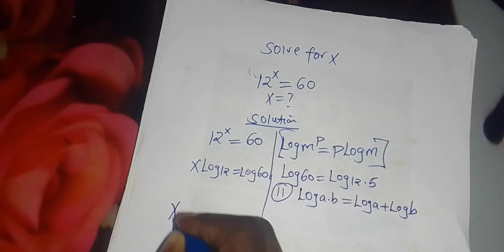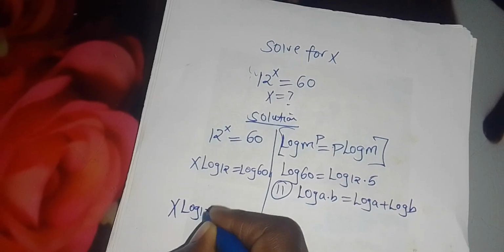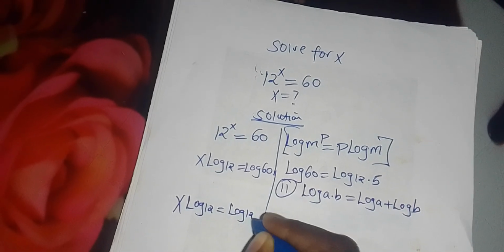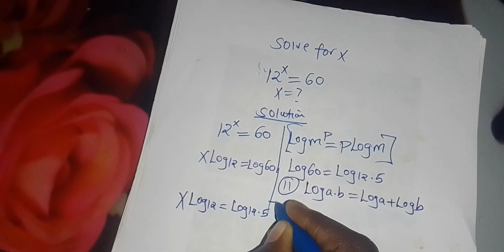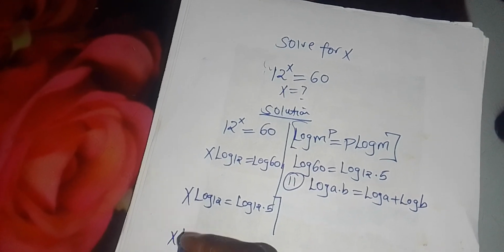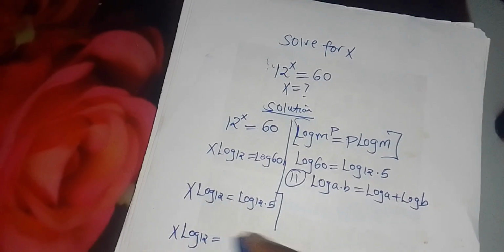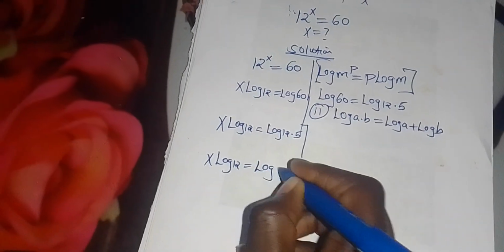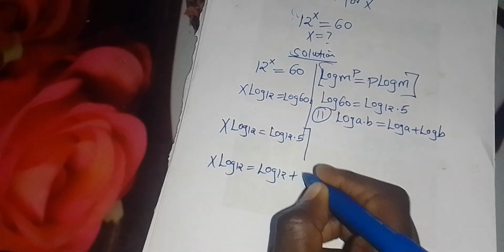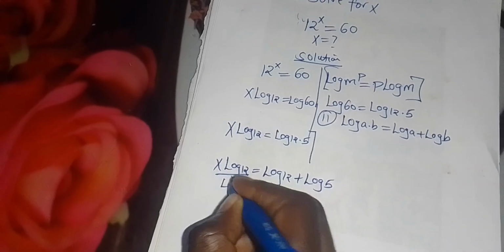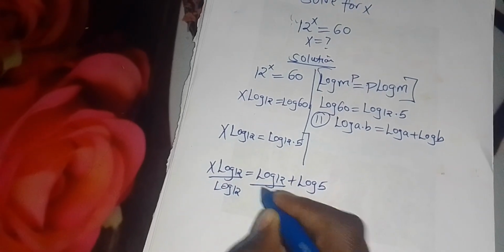We have x log 12 is equal to log of 12 multiplied by 5, which is the same as log 12 plus log 5.